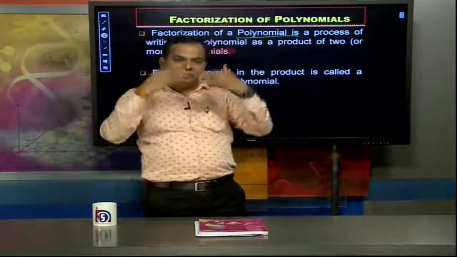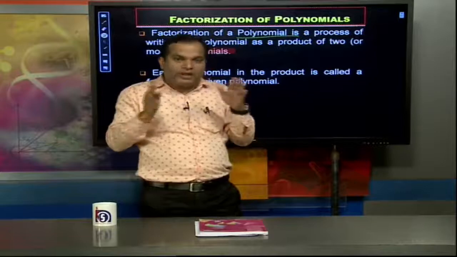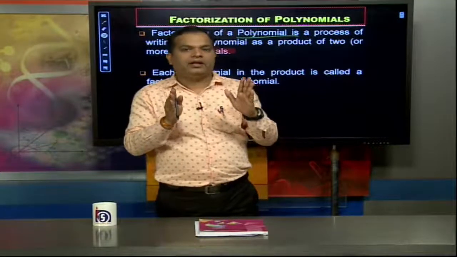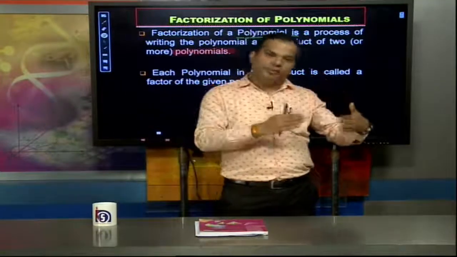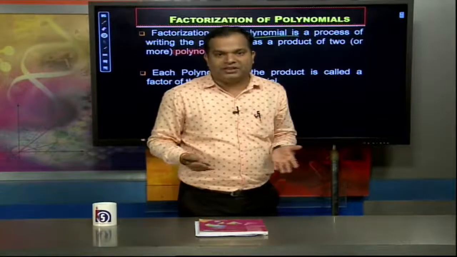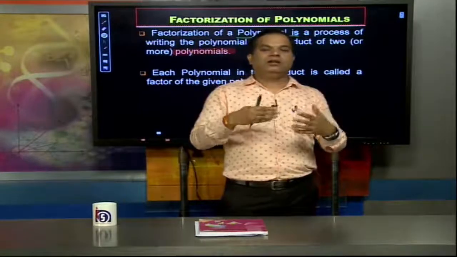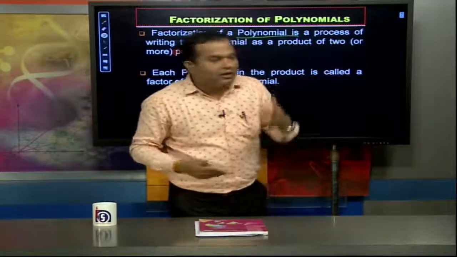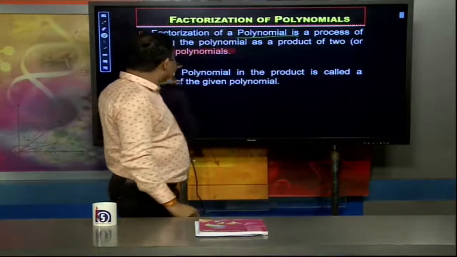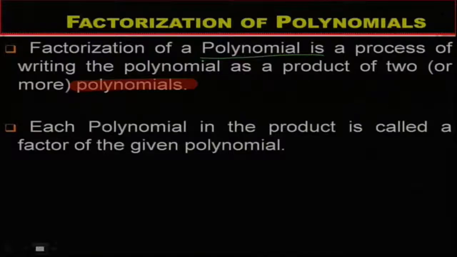Okay, that means split, एक polynomial को तोड़ना है, तोड़ के 2 भी मिल सकता है और 2 से more भी मिल सकता है, depends करता है the nature or characteristics of the polynomial. Each of the polynomials in the product is called a factor of the given polynomial. So when talking about polynomial factorization, that means what are the factors, when we multiply these factors, we will get the polynomial.